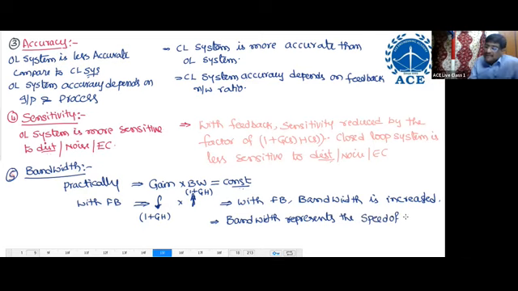They used to ask about the significance of bandwidth in control system. It represents the speed of the response.